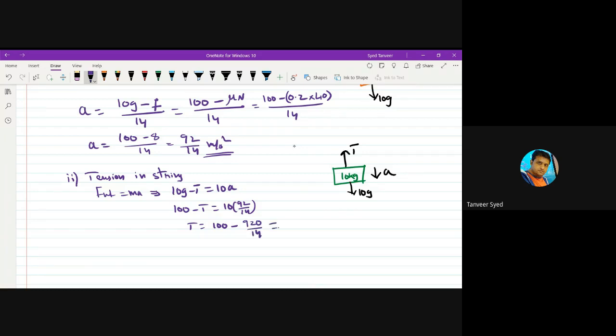How much is this value? 1400 minus 920, 480 by 14. 480 by 14, how much? 40?